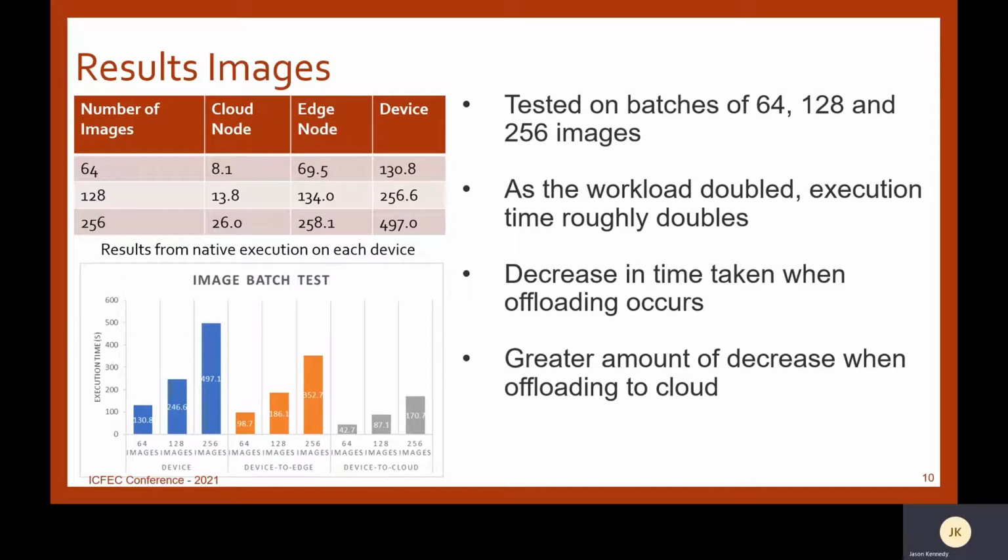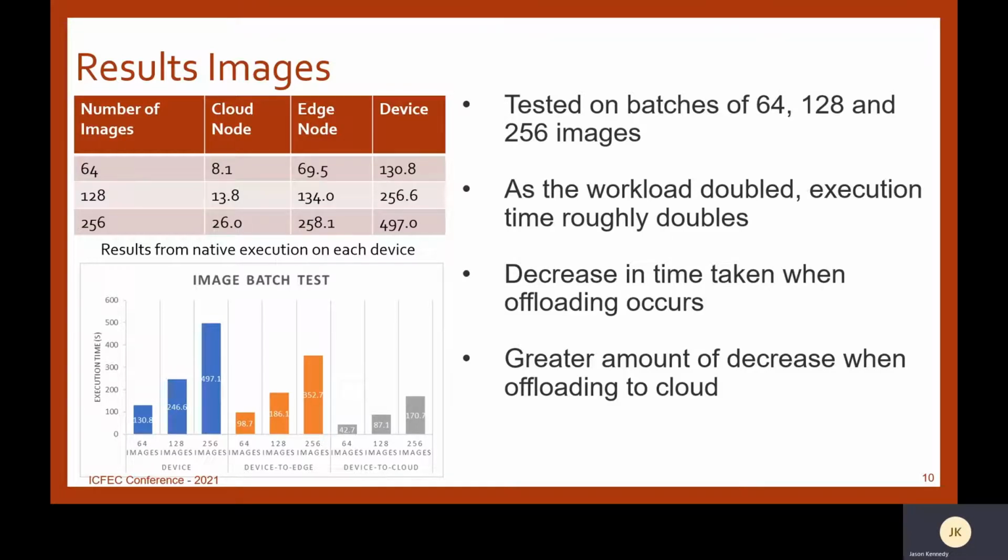We then took these same images and we did the test again, but this time we incorporated AVEC. So firstly with our user to edge offloading, and then with user to cloud offloading. So the graph in the bottom left shows these results. So the first sets of columns represent the native application execution without using AVEC.